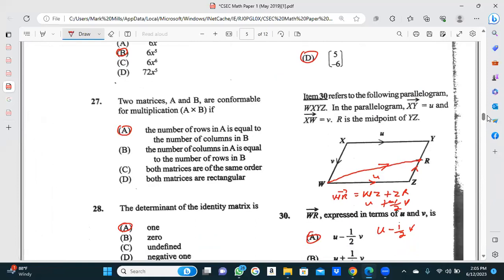27, right? Two matrices A and B are conformable for multiplication. So if you can multiply them, the only possible answer is that the number of columns in A is equal to the number of rows in B. But sir, when you search it up, it says B and not A. The number of columns in A is equal to the number of rows in what?